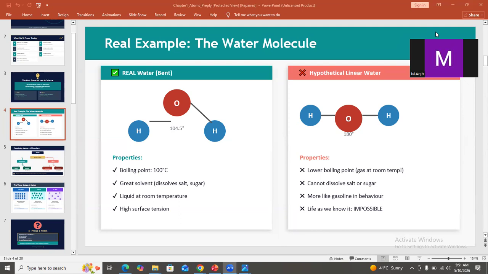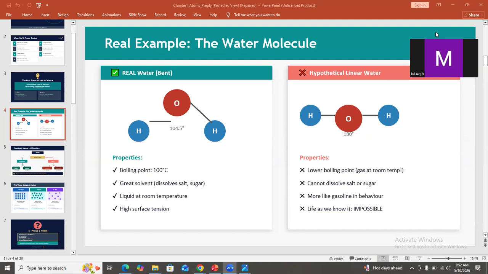For example, this is real water that is bent shaped. And it has an angle of 104.5 degrees between the oxygen and the two hydrogen atoms. It is slightly not a right angle exactly, but a little bit obtuse angle.